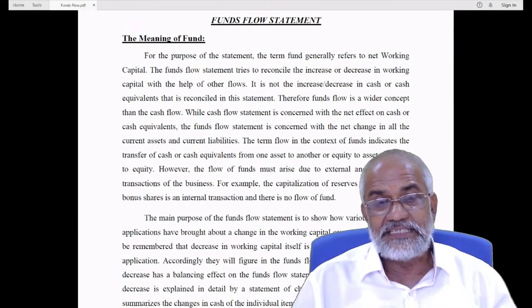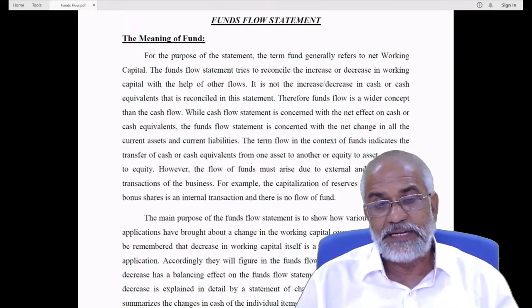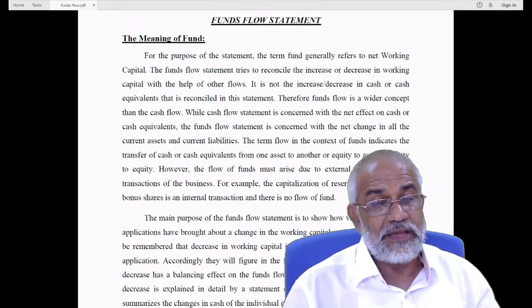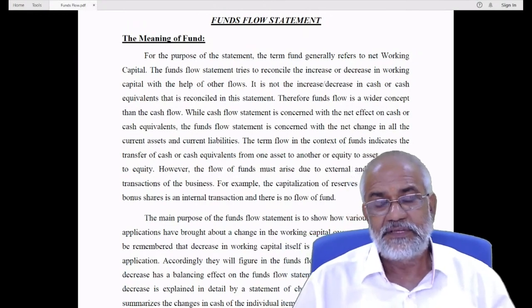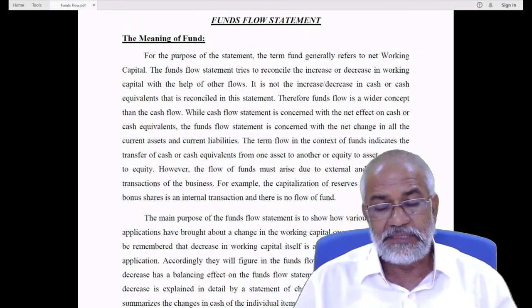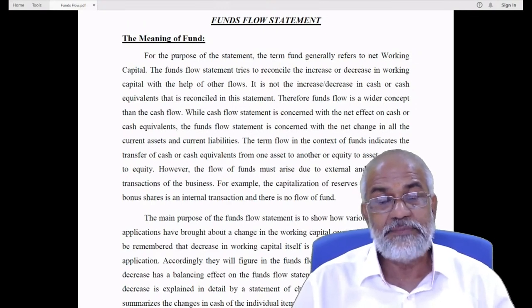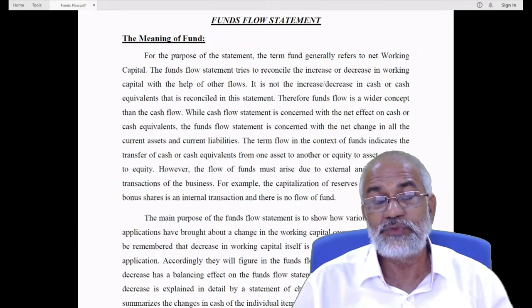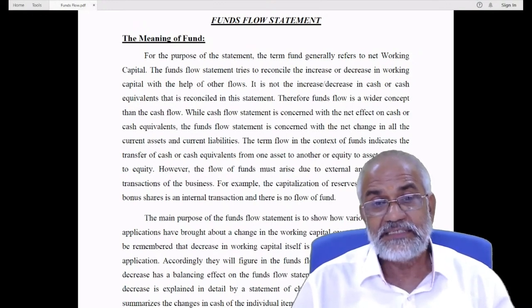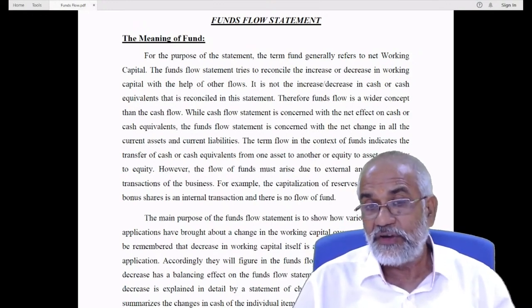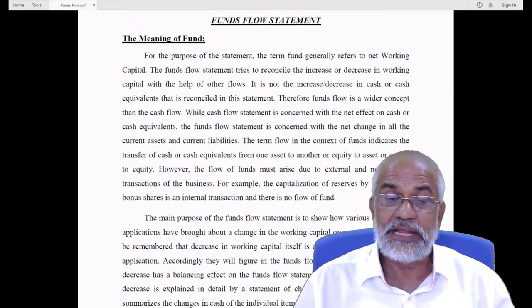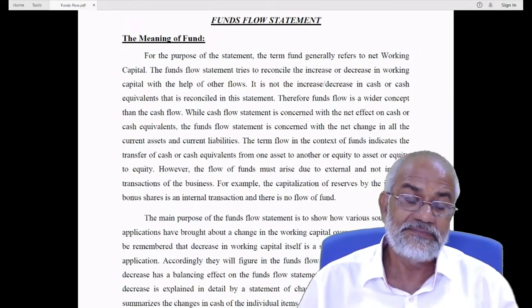But in the third transaction, out of both the aspects, one belongs to a non-current category, that is fixed asset. Kindly remember that for purpose of cash flow or funds flow, the assets and liabilities are segregated into two categories only: current asset, or if it is not a current asset, all other assets would be categorized as a non-current asset.